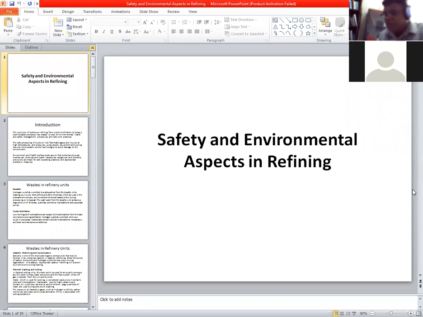I have read in one journal, if I'm not mistaken, that based on their research, due to global warming and carbon dioxide, every 50 years the temperature of the world increases around 3 degrees centigrade. So for example, in Malaysia the present average temperature is, let's say, 30 degrees centigrade.